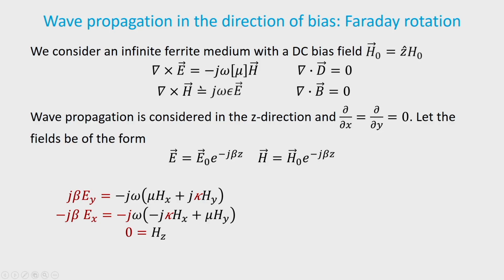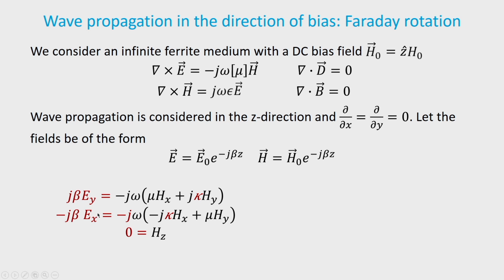Now, in this curl expression, we will have del/del x and del/del y as 0, and therefore only del/del z will be present, and the derivative with respect to z will give minus j beta.